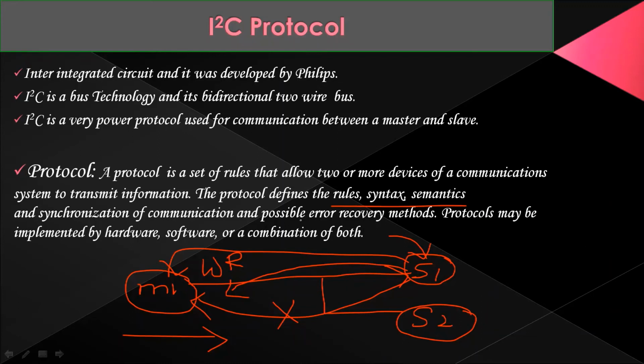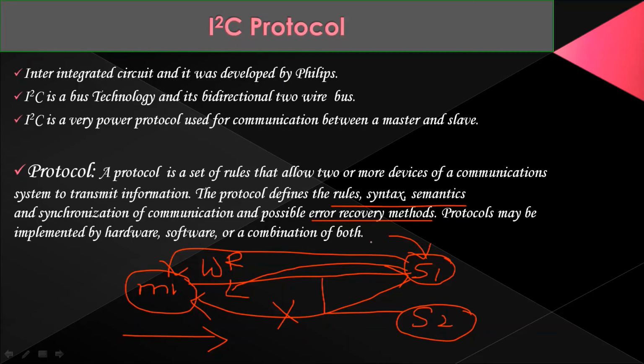Okay, let us go ahead and check what the error recovery methods are. I have explained some errors here. In this one, the error is that if there is no data received by the slave, then what will happen? So we need to implement some error recovery methods, so that this type of error can be identified and we can recover from it.